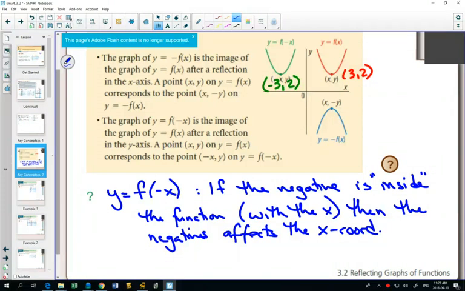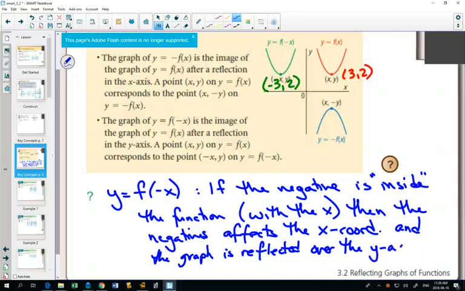The entire effect of this is the negative affects the x coordinate, and the graph is reflected over the y-axis. So if the negative is inside the function, that negative is with the x, and so we multiply our x values by a negative 1, and the effect is that the graph gets reflected or flipped over the y-axis.